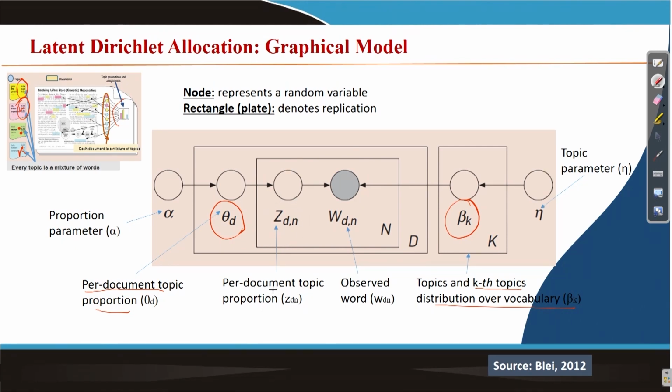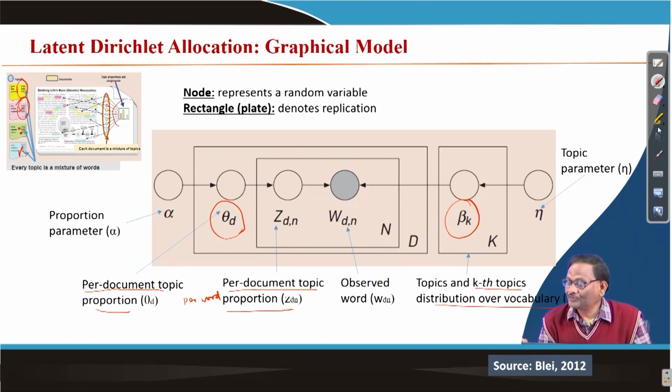Here per document topic proportion, there is one mistake: it should be per document per word topic proportion.